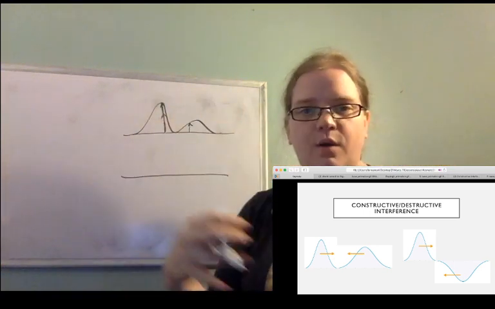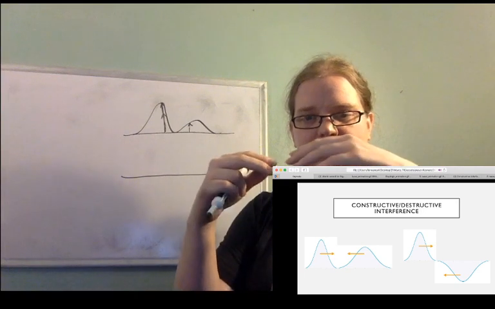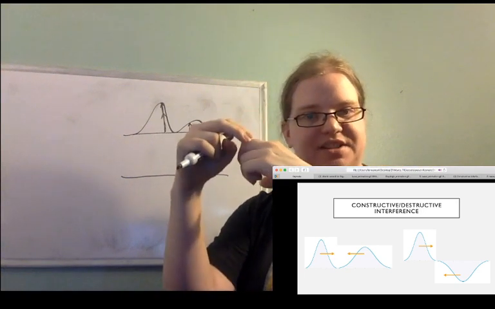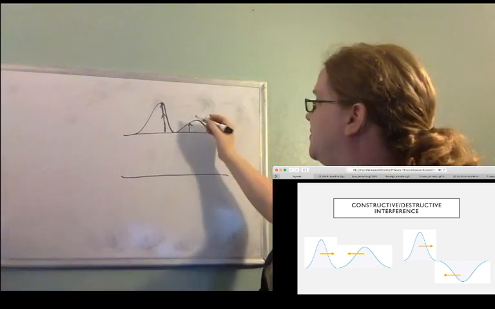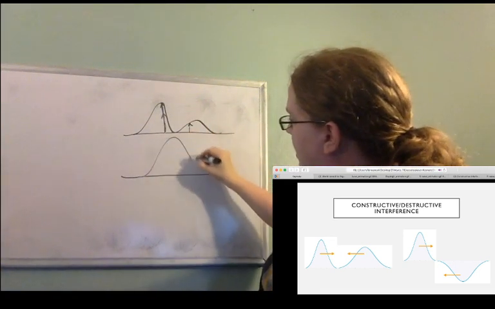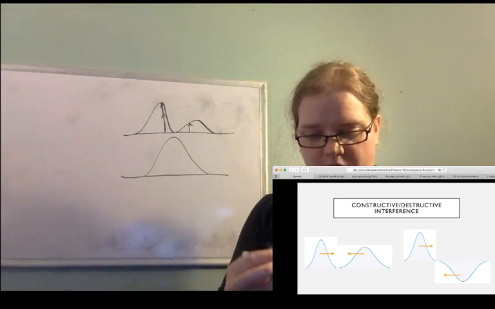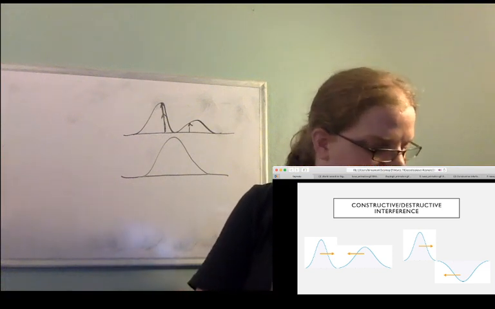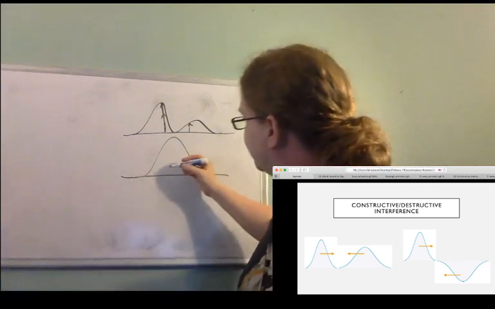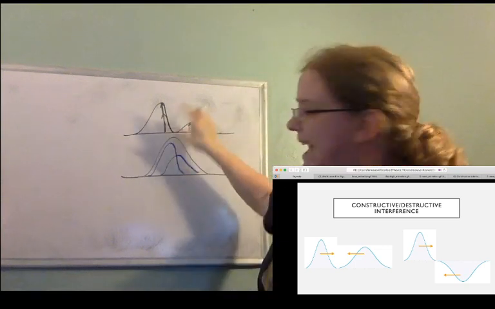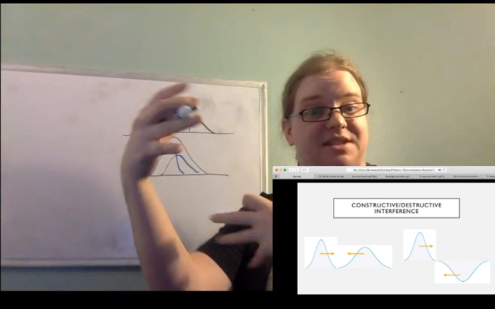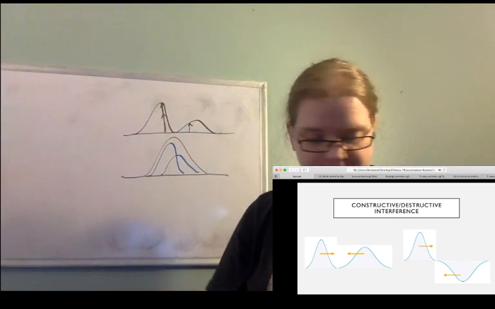Okay? So as they overlap, any part of the wave that's at the same point as another part of the other wave, they'll just add together. So these will create something bigger than what we had before, because we're literally just adding these two waves together, right? So like we've got the tall one and we've got that one, and you add those together and it creates this big goopy wave.